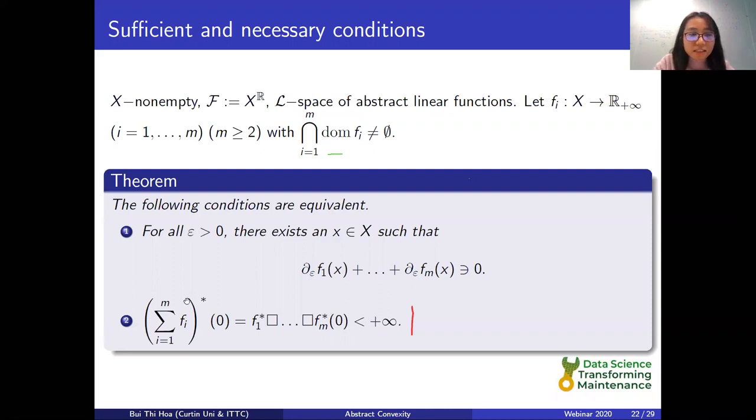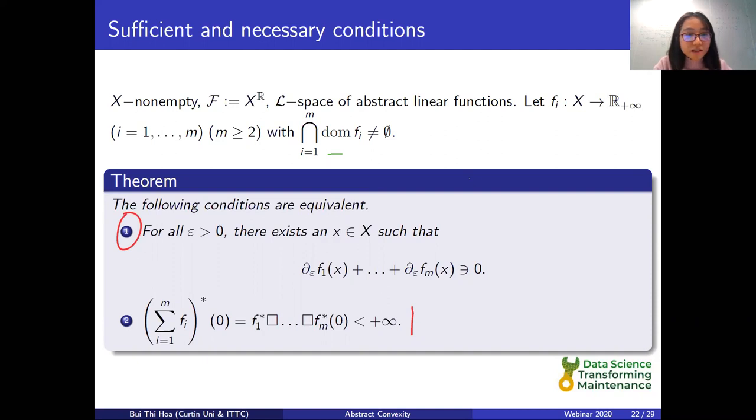This equality is equivalent to zero duality gap, and this equality is equivalent to these conditions. So this is the very first time we have necessary and sufficient conditions for zero duality gap. And I think this one is even new for standard convex analysis.